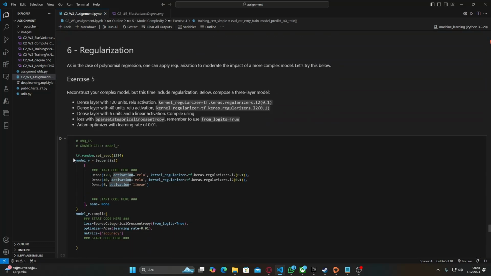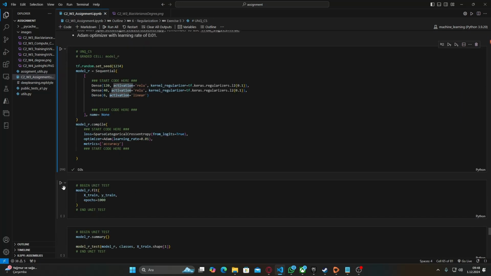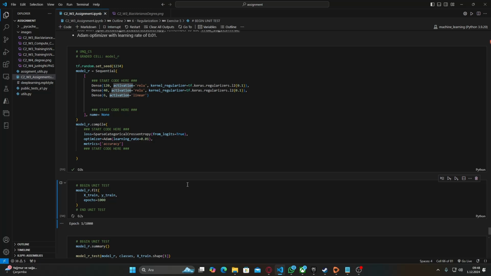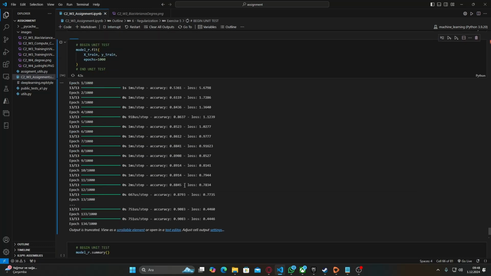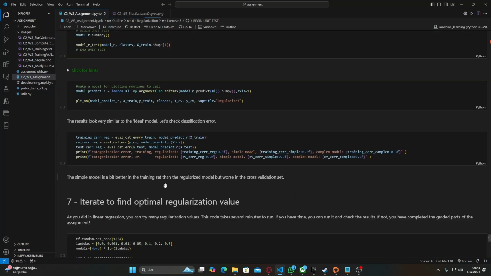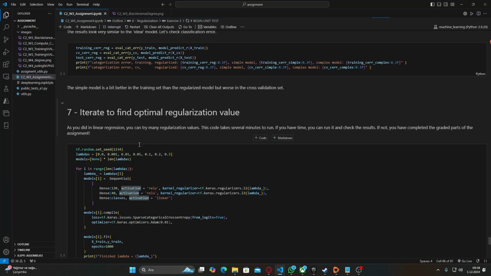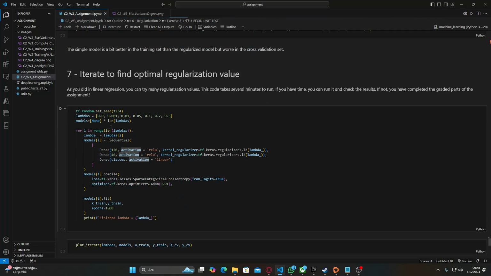It's 0.003 and 0.100. As I said, the regularization. Let me run this one. It gives true. Testing, and beginning the unit test. Let me iterate to find the optimal regularization value. As you did in linear regression, you can try many regularization values. This code can take several minutes to run.